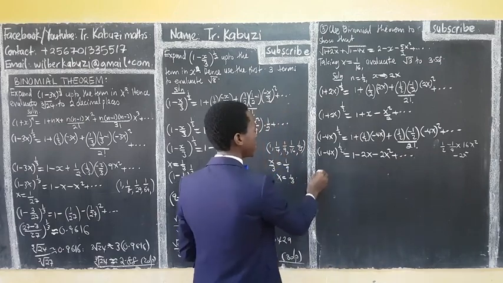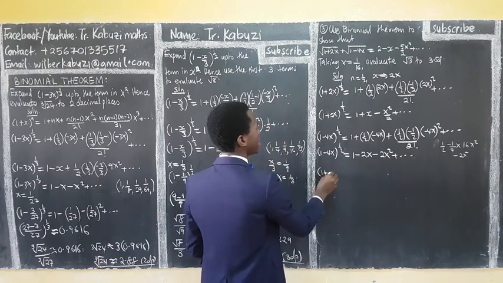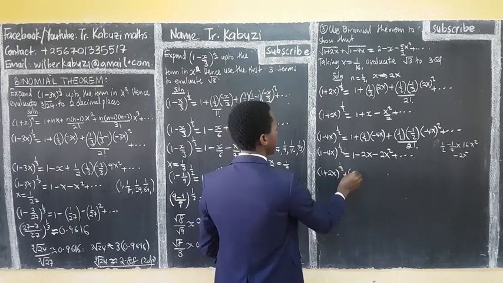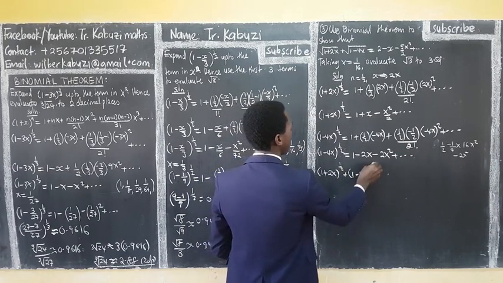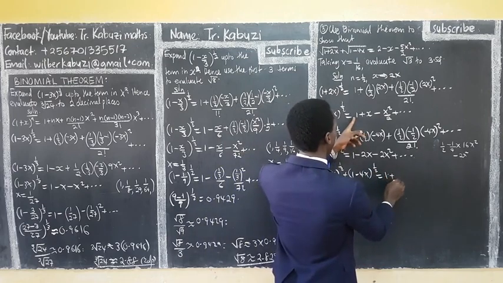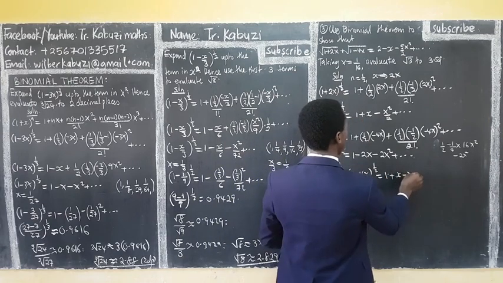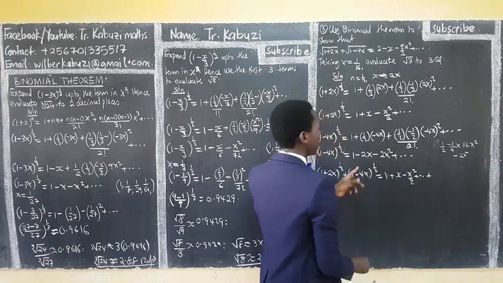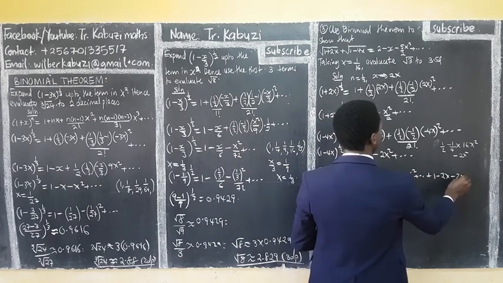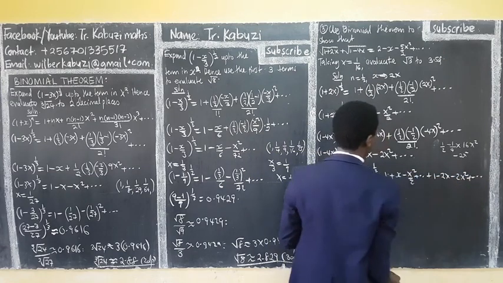Now, when I add these two, when I add 1 plus 2x power half plus 1 minus 4x power half, I will get now, this is 1 plus x minus x squared over 2, of course, plus other terms coming, and plus 1 minus 2x squared plus other terms coming.